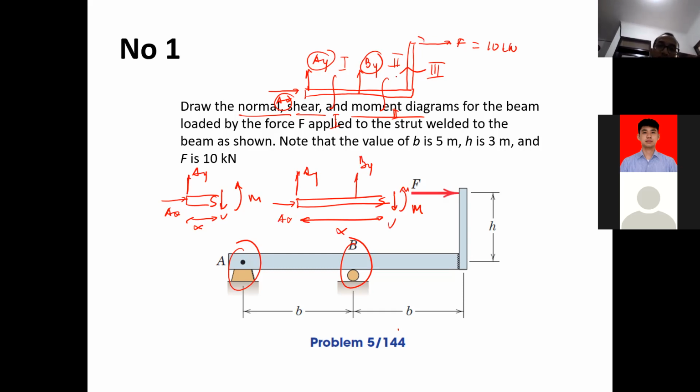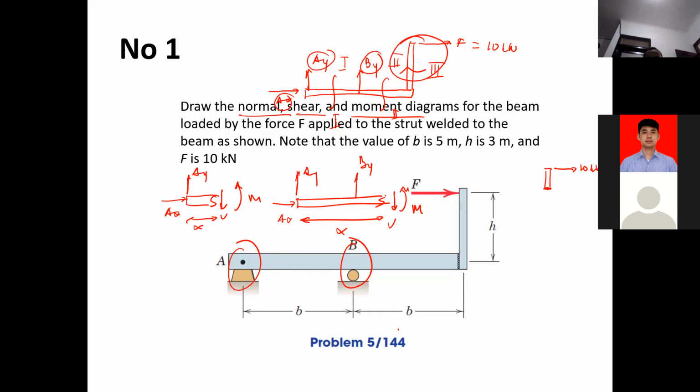The third cut, it's better for you to just take that one. So we can just do it this way. 10 kilonewton. Now, what is the positive direction that we're supposed to give here? Because now the cut is over here. Previously, the cut is horizontal, and now the cut is vertical.